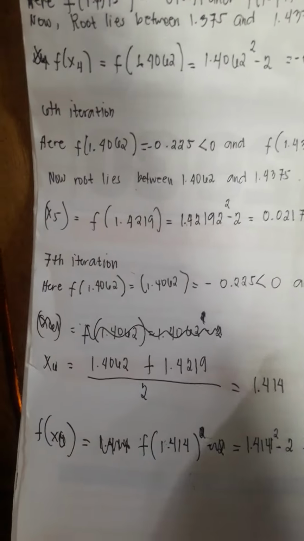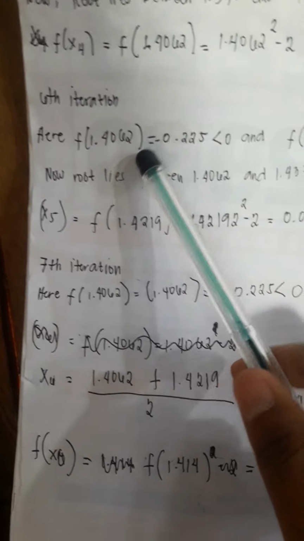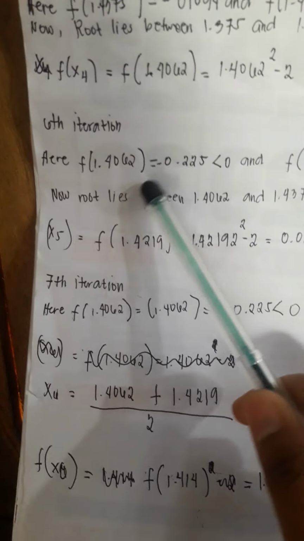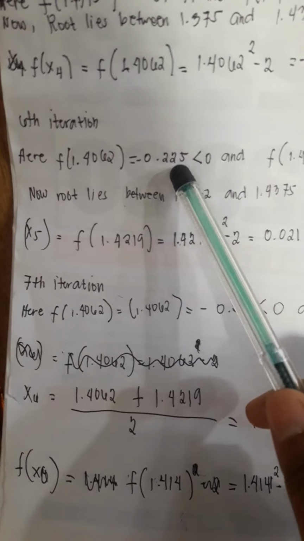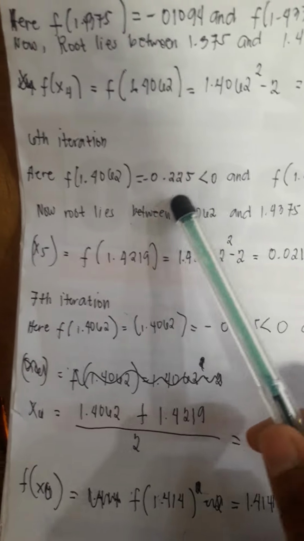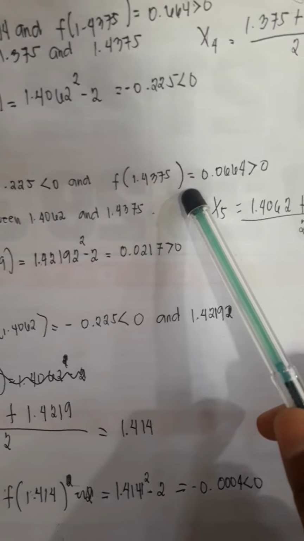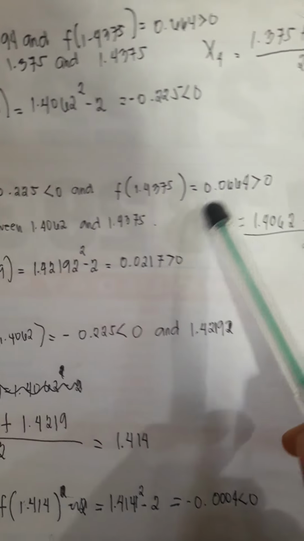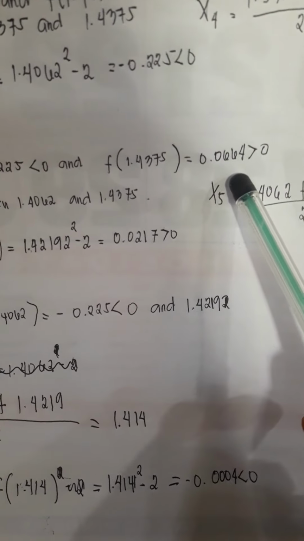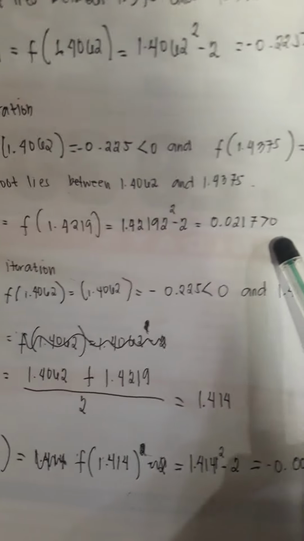Our sixth iteration: here f of 1.4062 equals negative 0.0225, which is less than 0, and f of 1.4375 equals 0.0664, which is greater than 0.